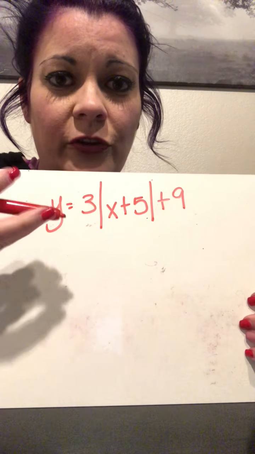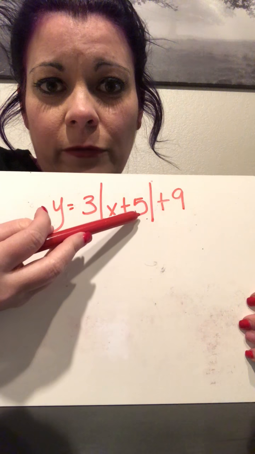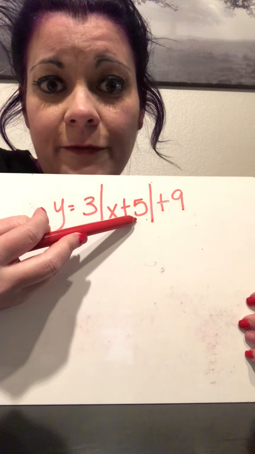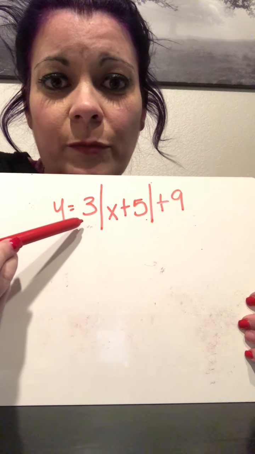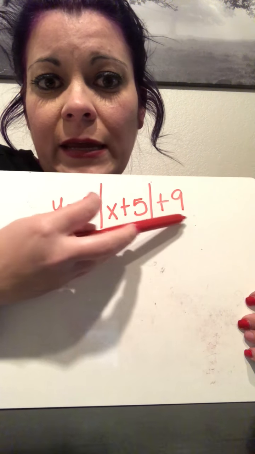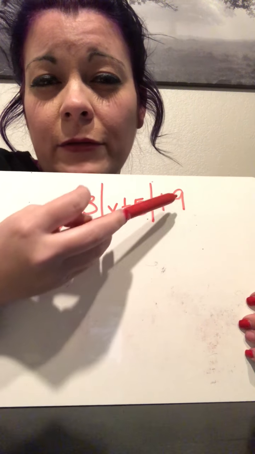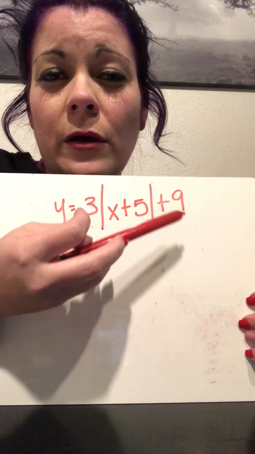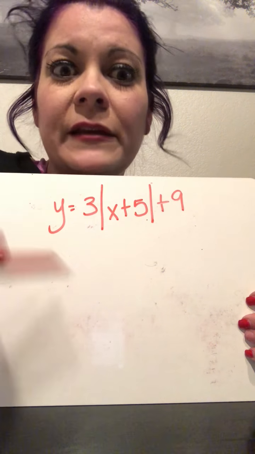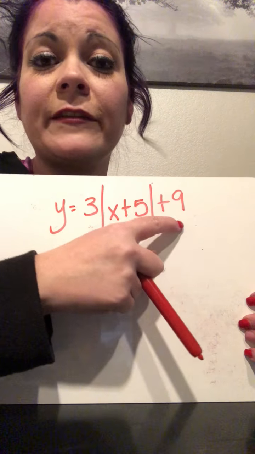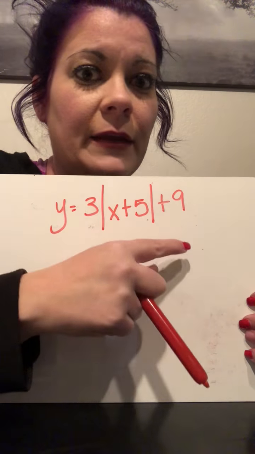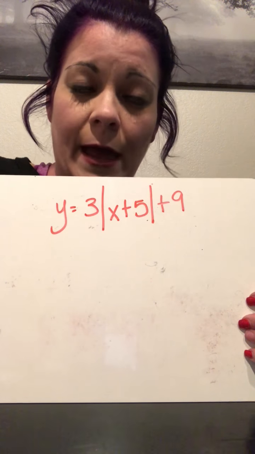So for example, if I have y equals 3|x + 5| + 9, you know this is going to shift 5 left, and the slope is going to be multiplied by 3. But when we add or subtract a number outside of the absolute value, it shifts up or down. This follows the rule: if it's plus 9, we shift up, and if it's subtraction, we shift down.